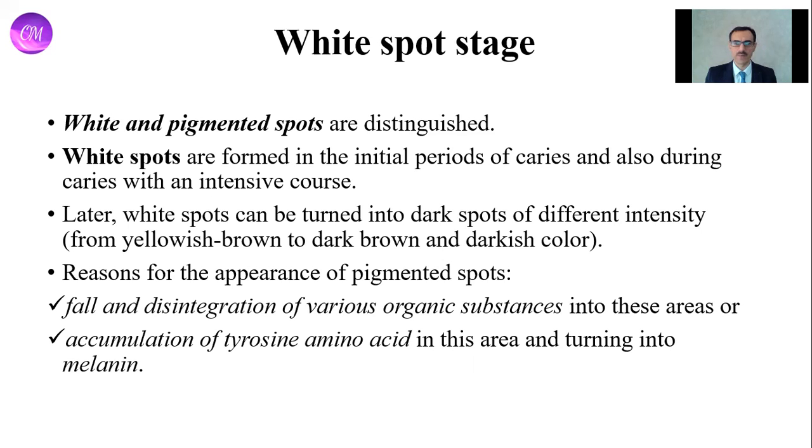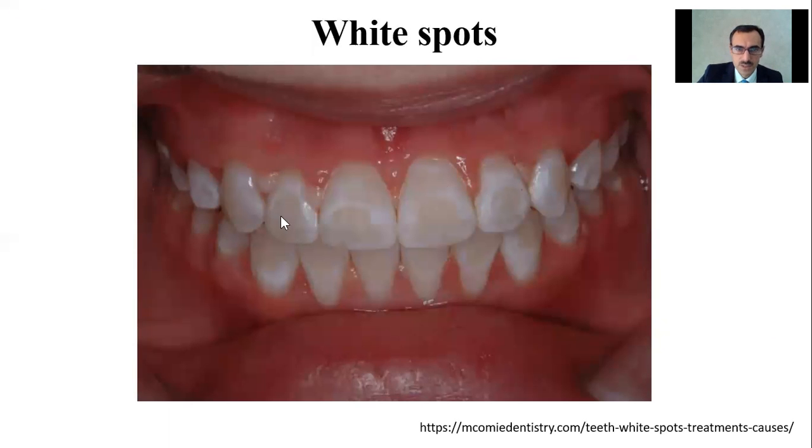The reasons for the appearance of pigmented spots are the fall and disintegration of various organic substances into these areas, or accumulation of the amino acid tyrosine in this area and turning into melanin. Here you see the white spots in the teeth.